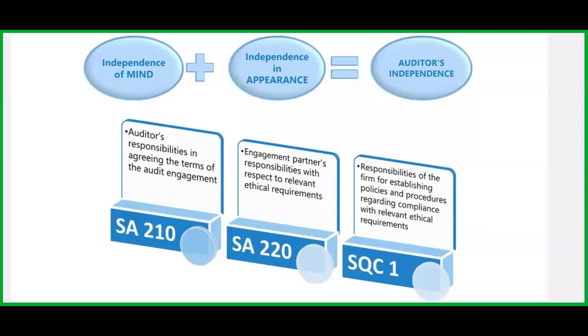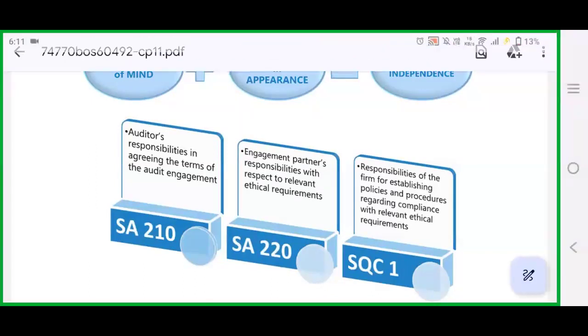And the last one is SQC 1, that is responsibilities of the firm for establishing policies and procedures regarding compliance with ethical requirements. So all three are related to auditor's responsibilities and ethical requirements in an organization.